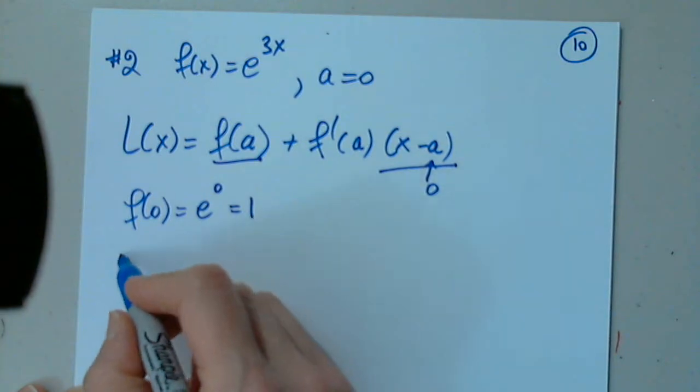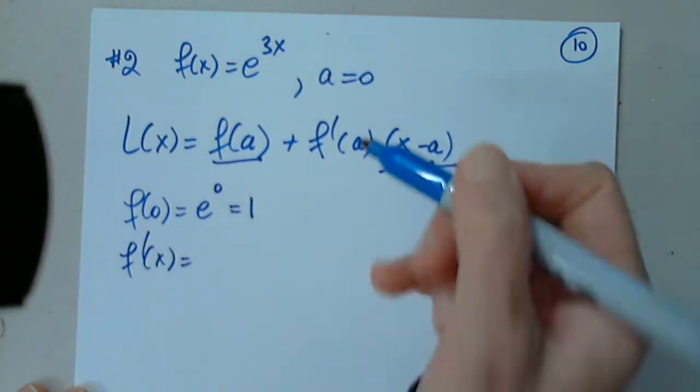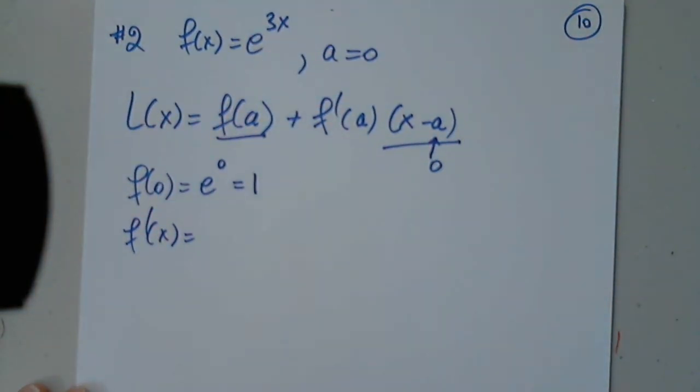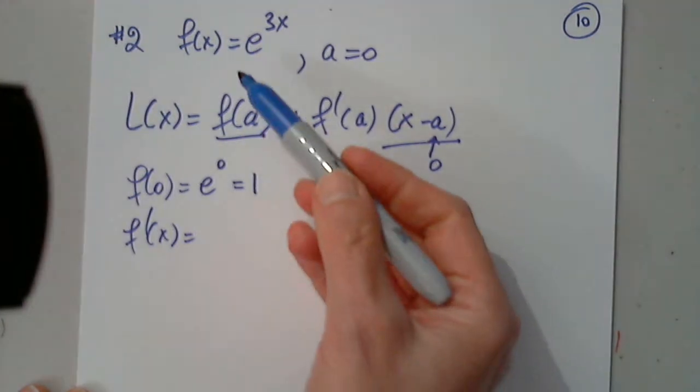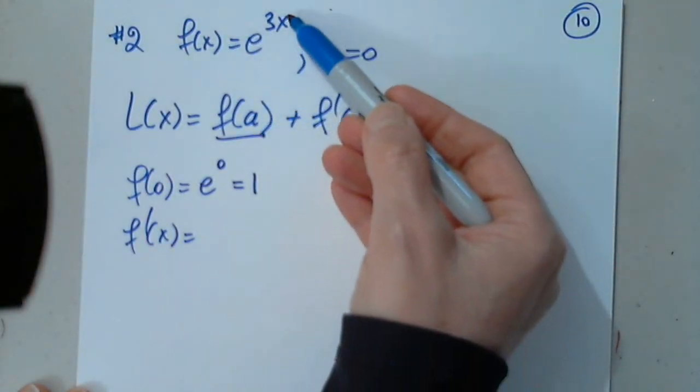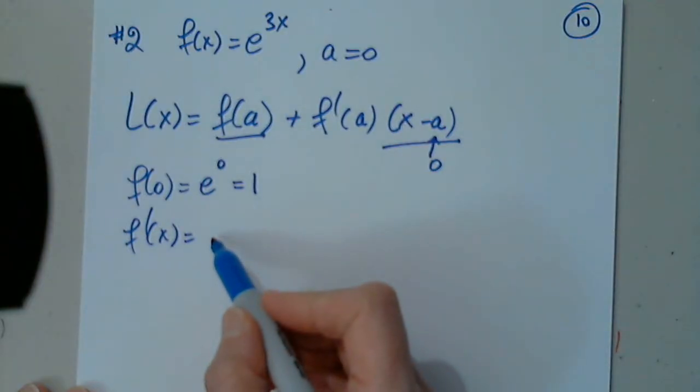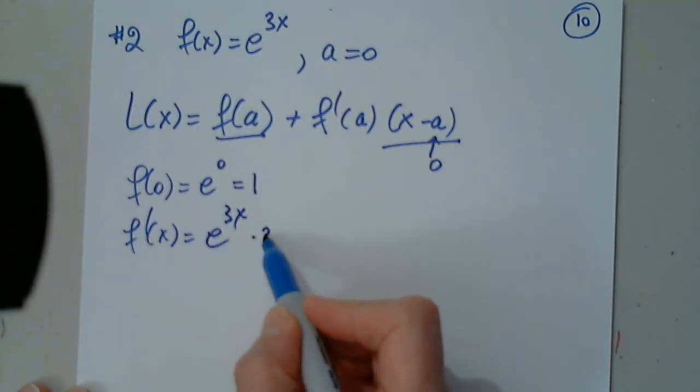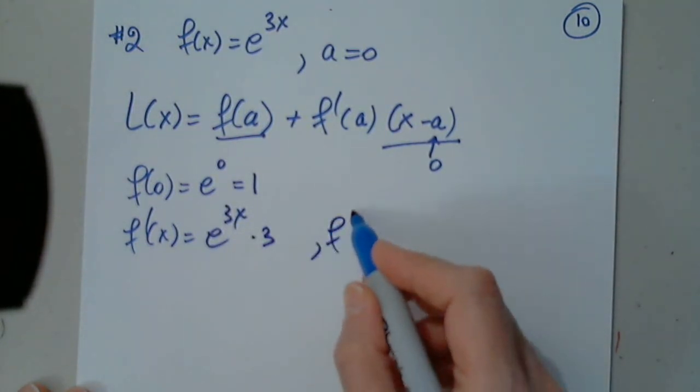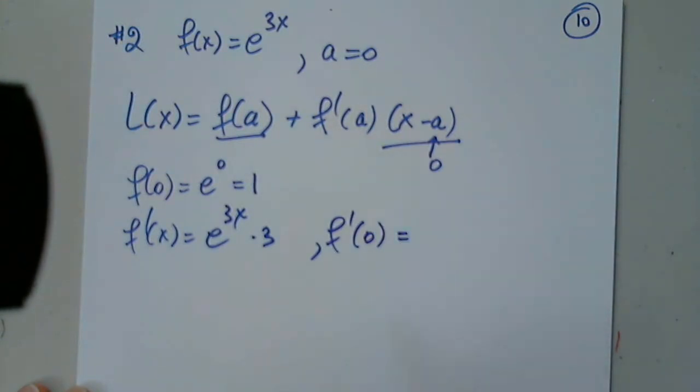F prime, I have to find f prime of x first, and then plug in 0. Can anyone give us the f prime for e to 3x? E to 3x times 3. Very good. And now let's find f prime of 0.